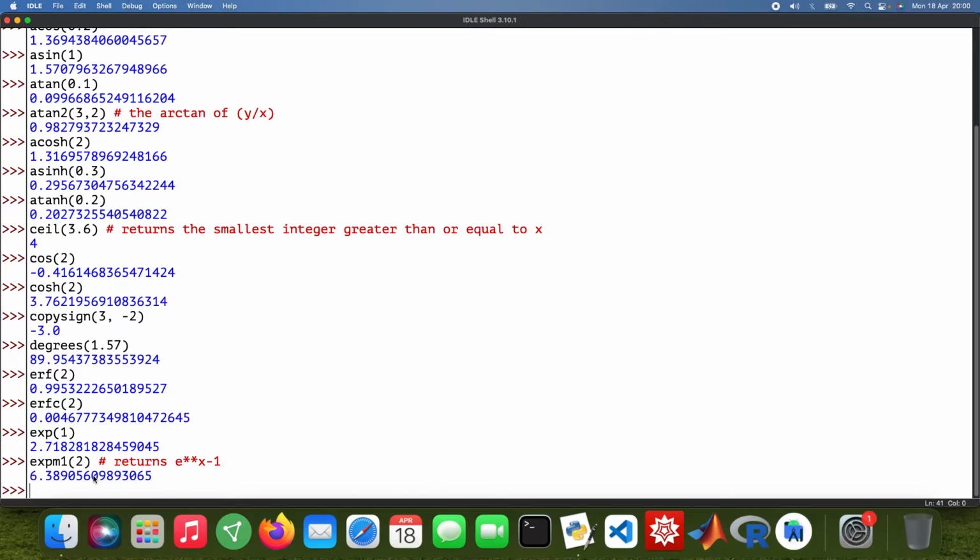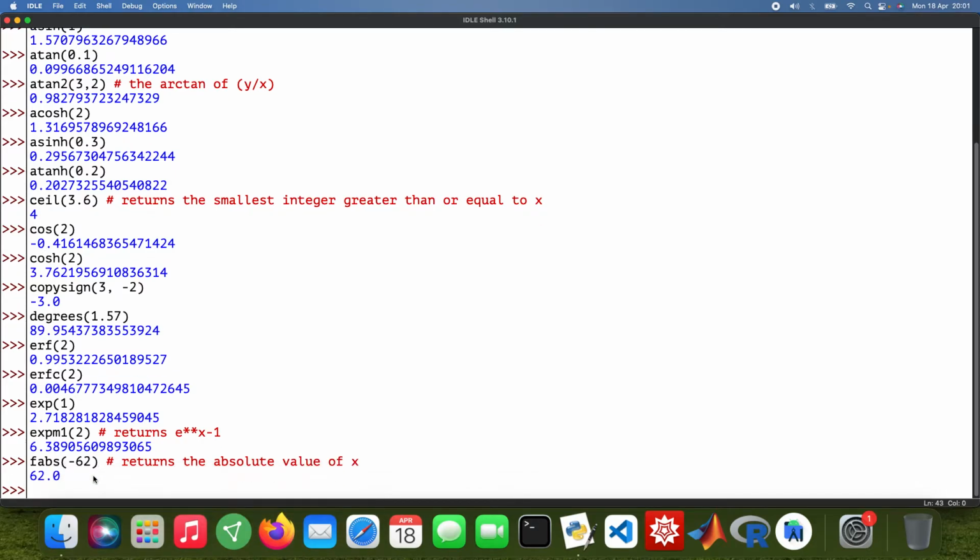And then fabs. That's 62, just a random number I thought of. So that returns the absolute value. And then factorial.